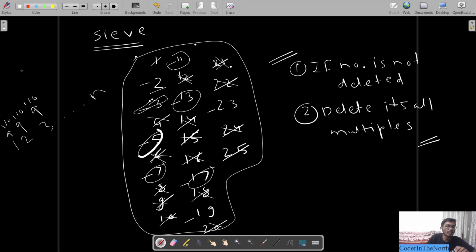What it represents depends on us. We can say 1 means it's a prime number and 0 means it's not. We can also keep 0 as prime and 1 as not prime.